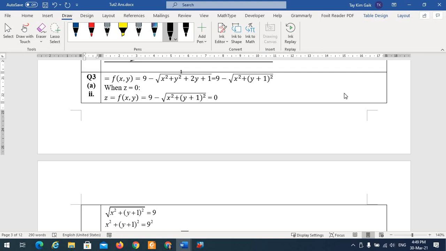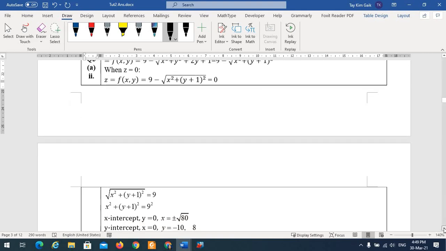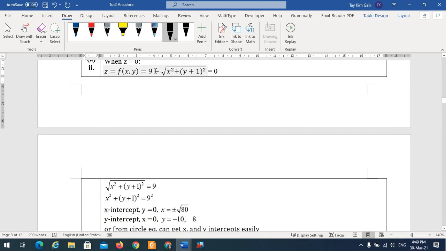Okay, and before you square, because here you got 9 minus, you can bring the negative square root to the other side, so you get positive square root of x squared plus y plus 1 squared equal 9, and then you square both hand sides.